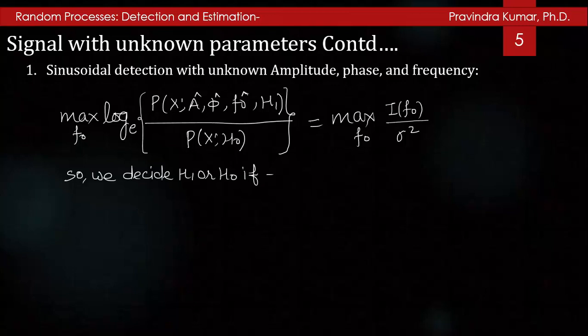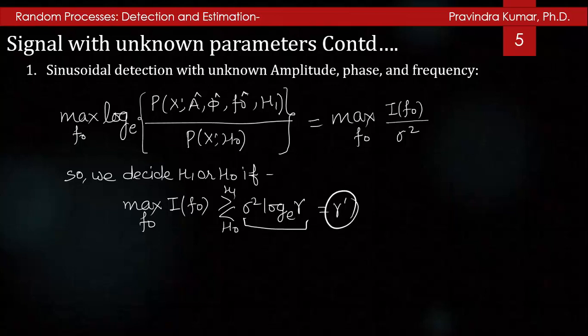We decide H1 or H0 if the maximum of the periodogram over F0 is greater than or less than sigma square log gamma, which is the new threshold value gamma dash. The detector decides that a sinusoidal signal is present if the peak of the periodogram exceeds the threshold value, and the frequency location of the peak is the maximum likelihood estimate of the frequency.